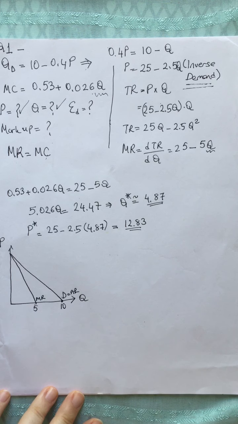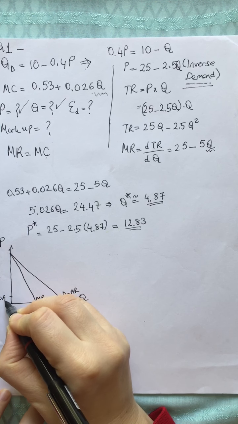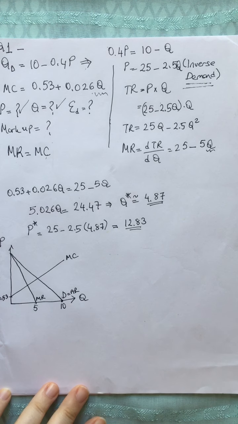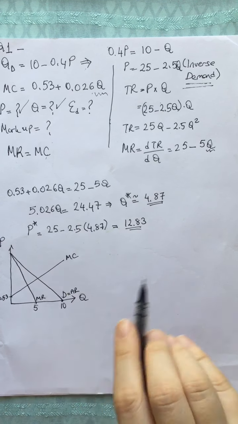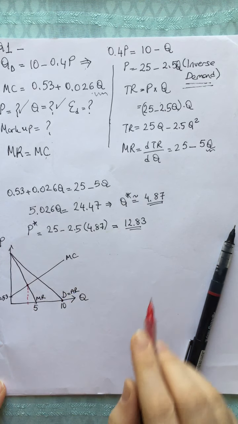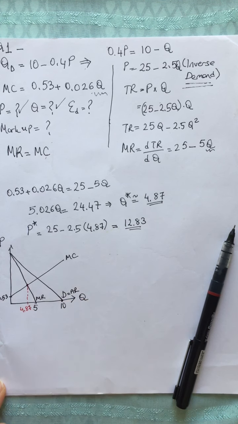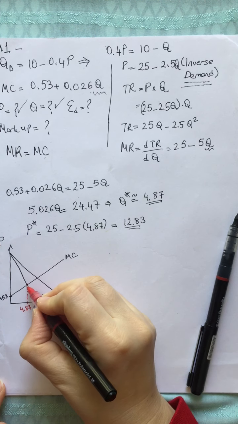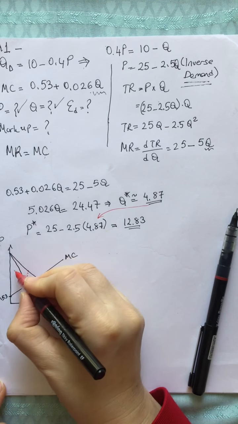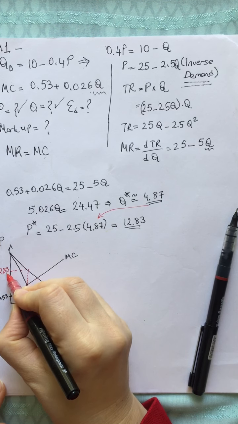So it's in the middle. Please try to see that. And the marginal cost function starts from 0.53 and is positively sloped like that. Now we found that where marginal revenue equals marginal cost, somewhere here, the profit maximizing level of output is 4.87. And then to find the price, we just move to the demand function. We substitute that value into the demand function, and we found that the profit maximizing price is 12.83.